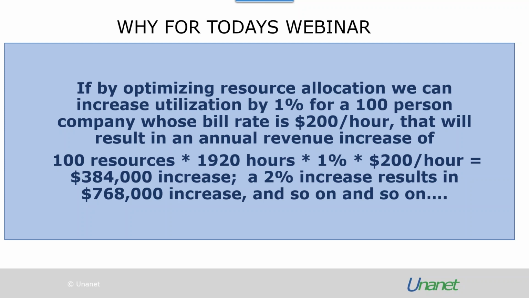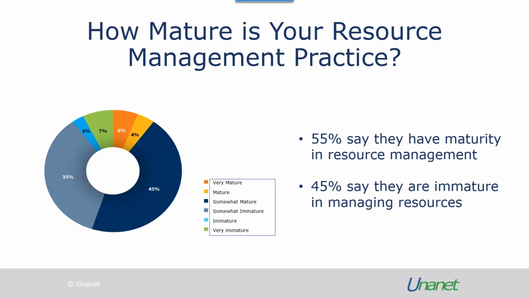If I can do it by 2%, that's $768,000 a year in additional revenue. Very important in today's competitive environment, and very important from an overall profitability perspective for your company.